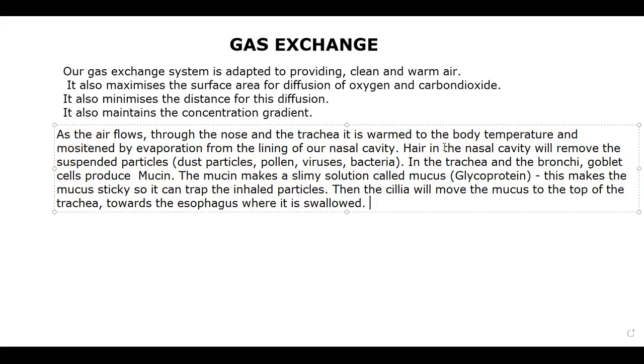So this mucus is actually swallowed by us, right? The cilia will actually beat it up towards the larynx. And when the mucus reaches the top of the trachea, it is going to be swallowed.